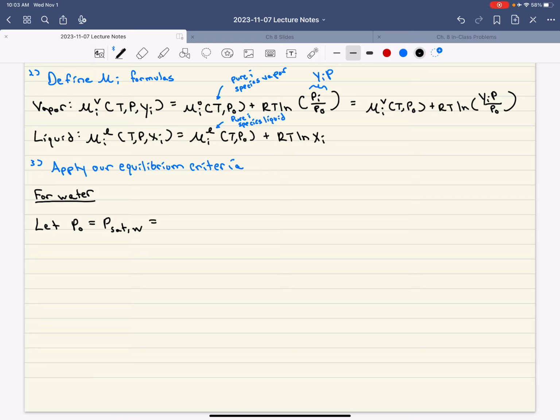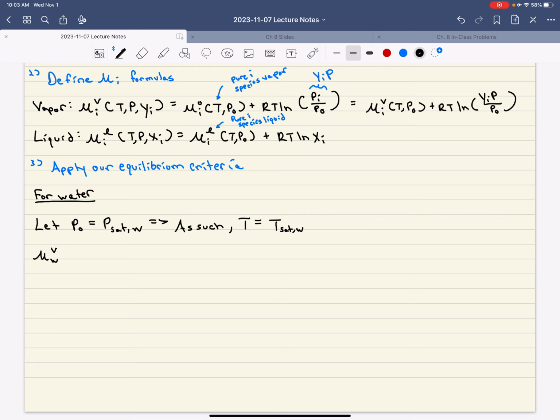And since we're letting P naught be equal to P sat for water, that means that our temperature is also going to be the saturation temperature.